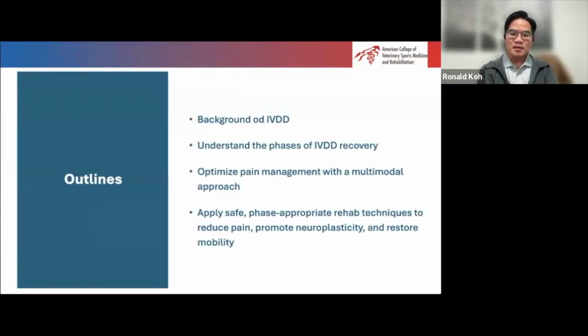So the outline: I will go over or review the background of IVDD. I also will look at the phases of IVDD recovery, which include acute, subacute, and chronic phase, and how we're going to design our treatment plans.